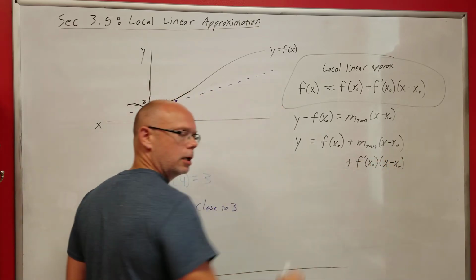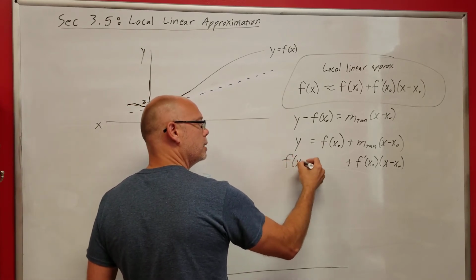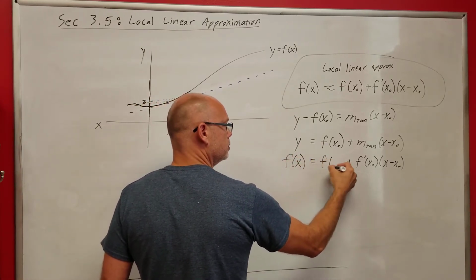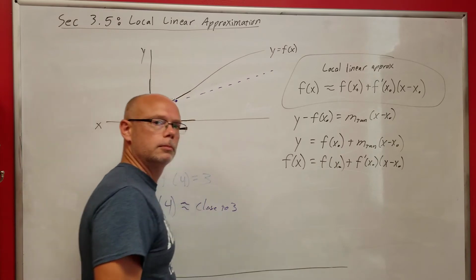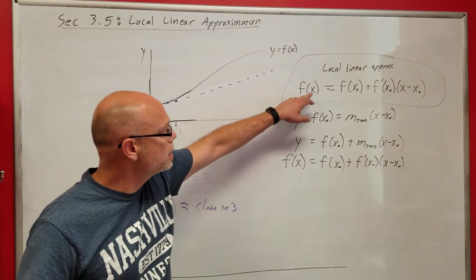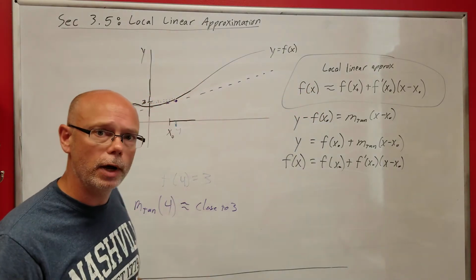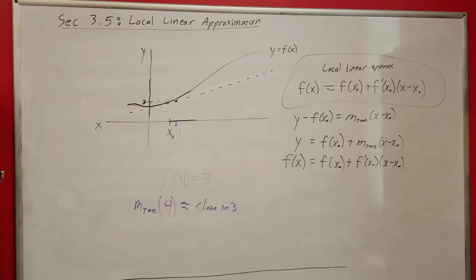So m tan, I'm calling f prime of x naught. Couldn't I call y f of x? And doesn't this look a whole lot like this form? Yes, except we have approximately because we're using that to approximate the actual curve value there.